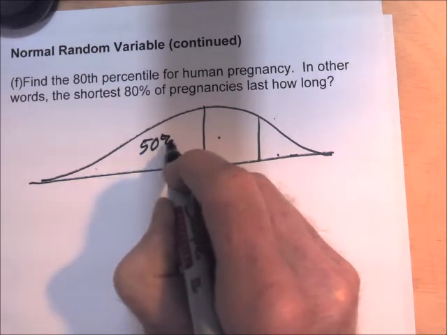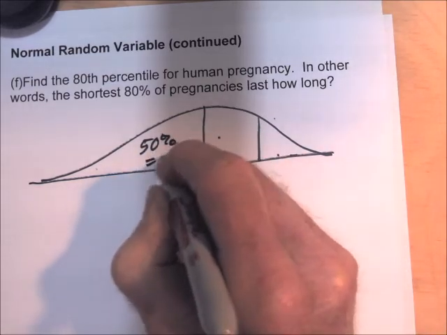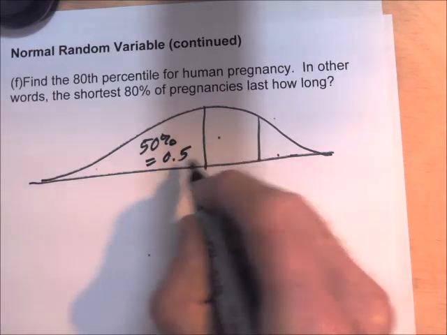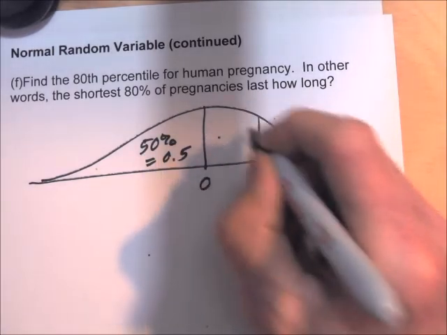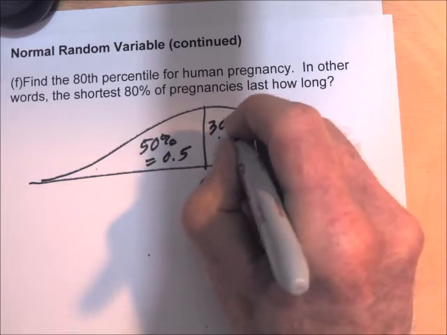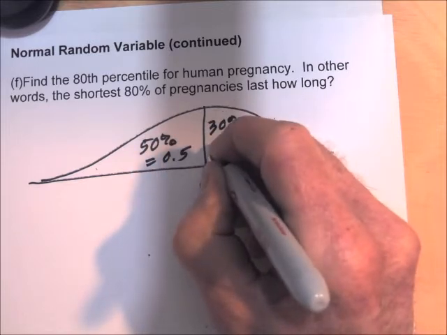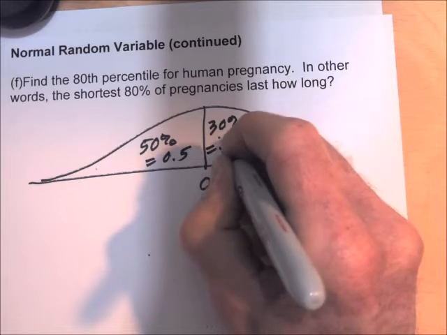So 50% of the z-scores are less than 0. So this is 0.5. But we need to go a little bit past that. So we want to go up to an additional 30%, to get to 0.8.